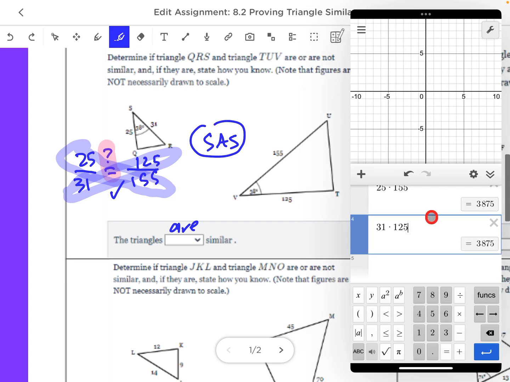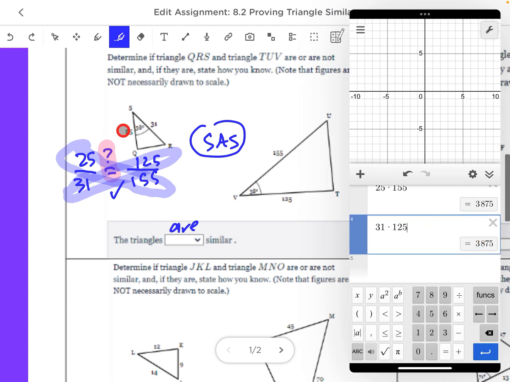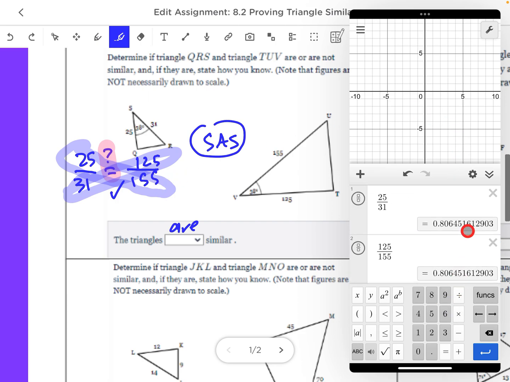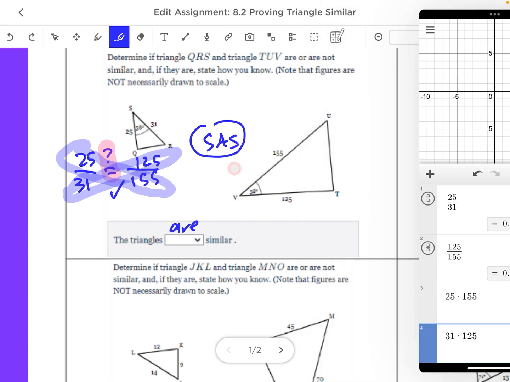And as you might imagine, they are equal. So that's a true statement. However I did it, whether I reduce this side to the same as that, as we just did up here, or cross multiply, if it's a true statement, then they are true. Okay, that's it.